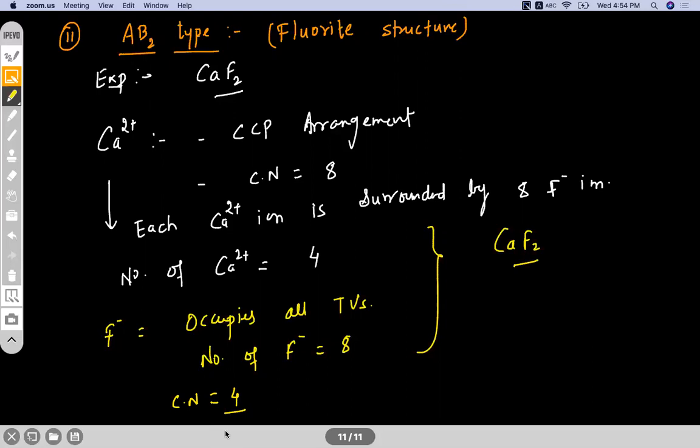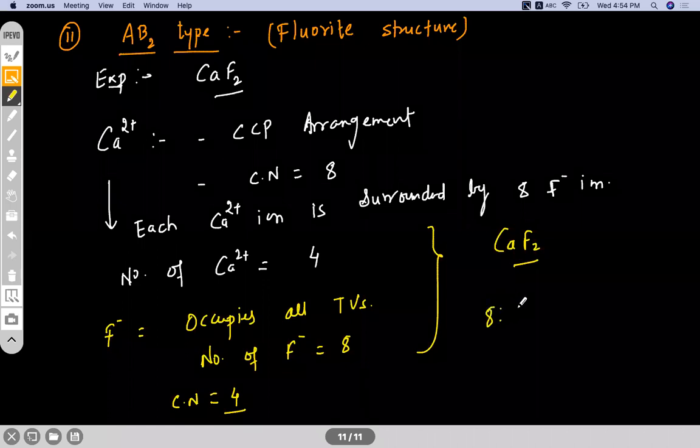We'll write down first cation and then anion, so it is 8:4 type of arrangement.